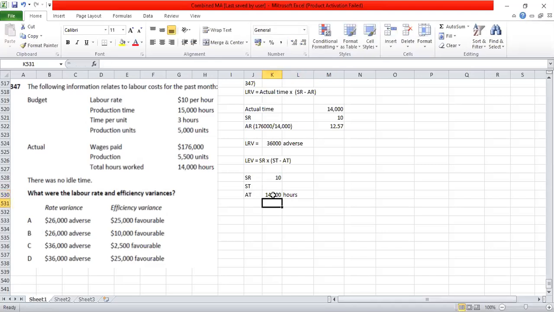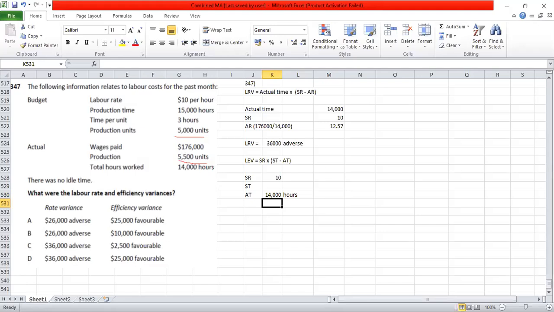One important point we have to observe here is the production units are given for 5,000 units under standard, but they actually have produced 5,500 units. So when 5,500 units are produced, the time which will be required also will change.